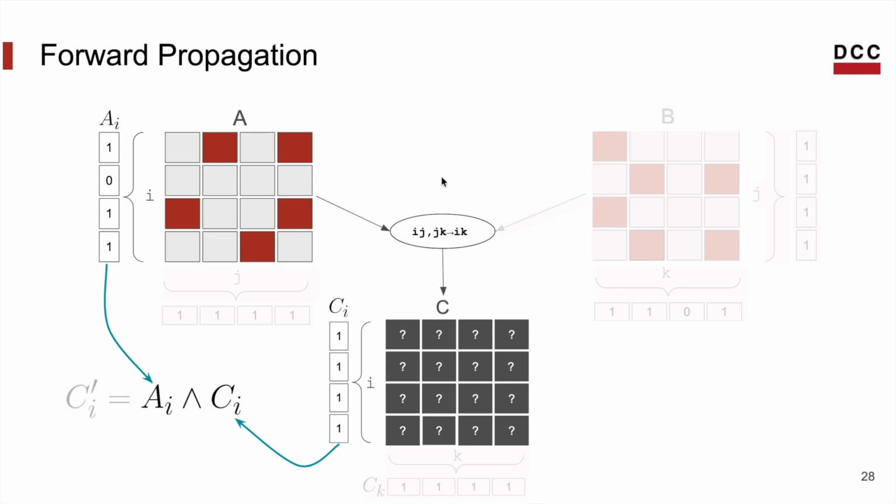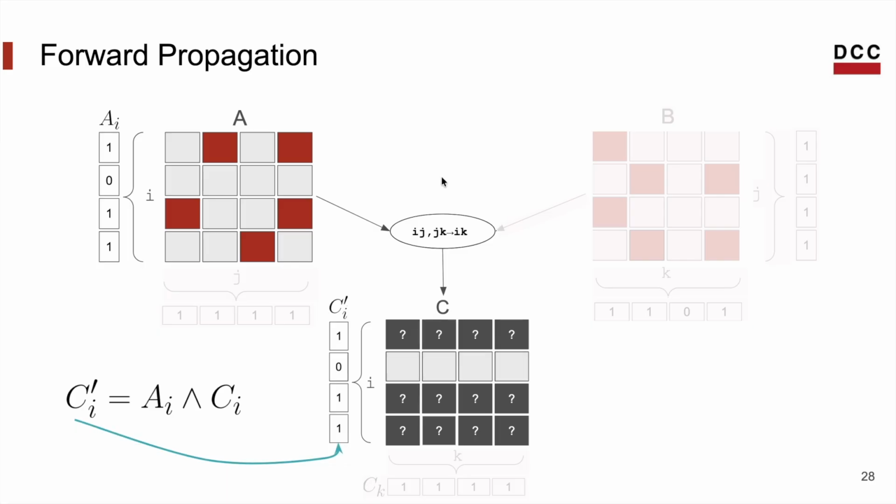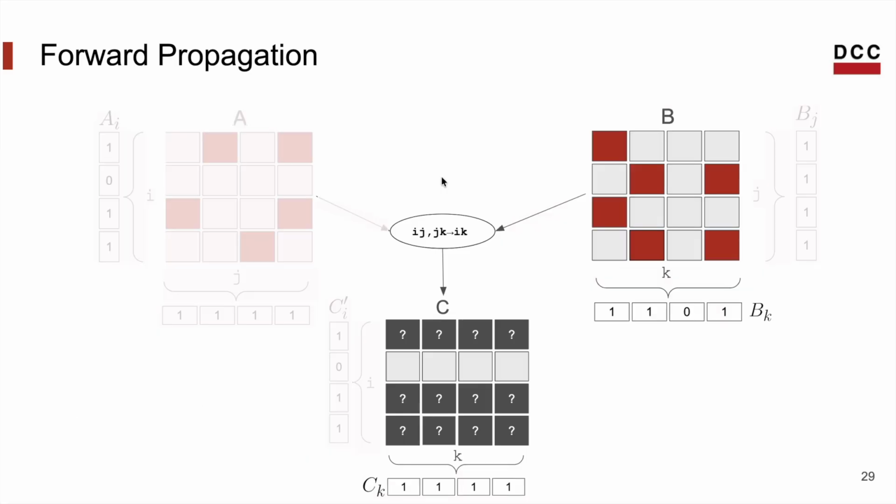And I will do a logical AND between the two, and that will give me a new sparsity vector, which will carry the sparsity from the input dimension I to the output dimension I in C. In a similar way, I will grab the sparsity vectors for K. K only appears in B, so I'll grab my initial assumption of the sparsity in dimension K for C, and again I will do a logical AND between the two, and that will propagate the sparsity from the columns of B to the columns of C.